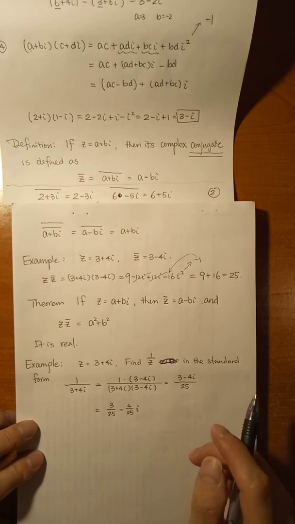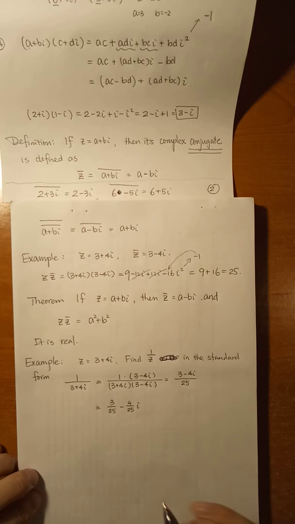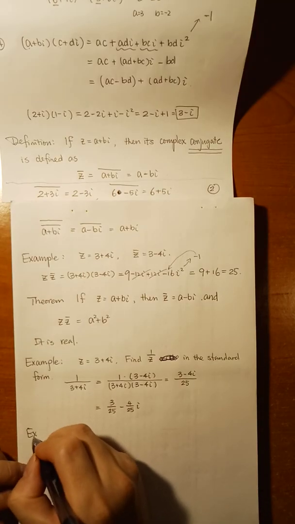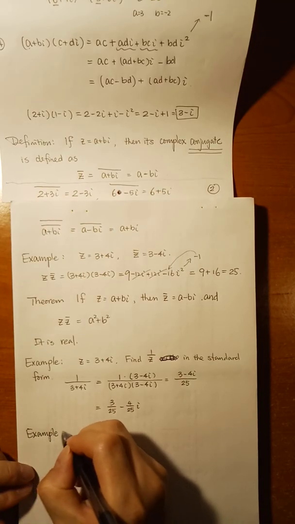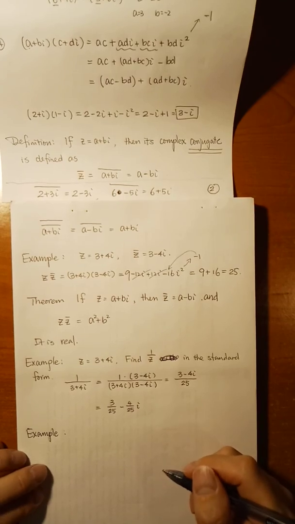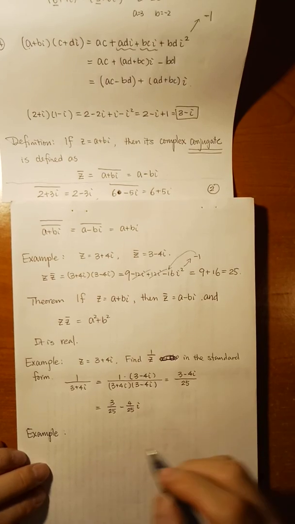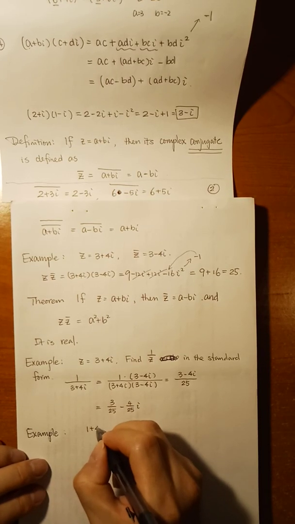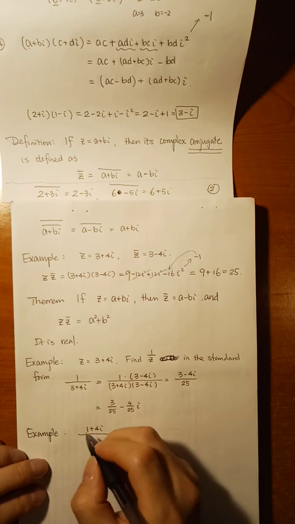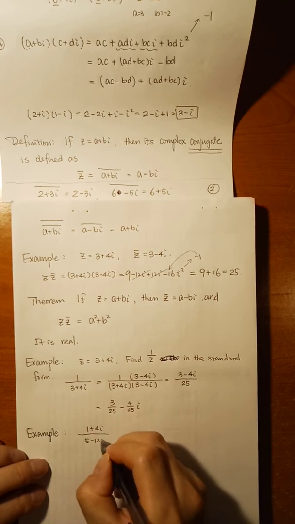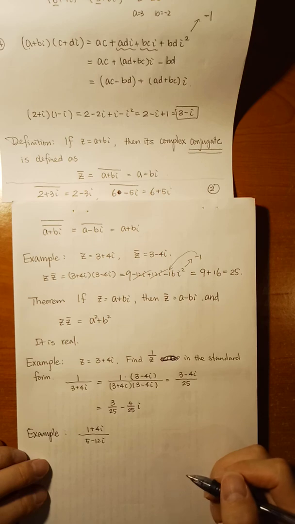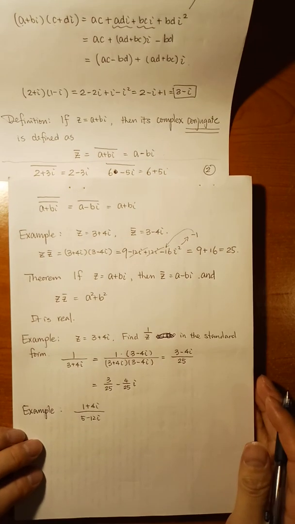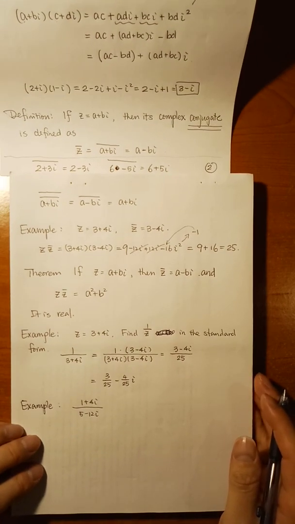Okay, if you understand this process, we can introduce the division among the complex numbers. So for example, if we have 1 plus 4i over 5 minus 12i, we want to compute the division of two complex numbers, not real.